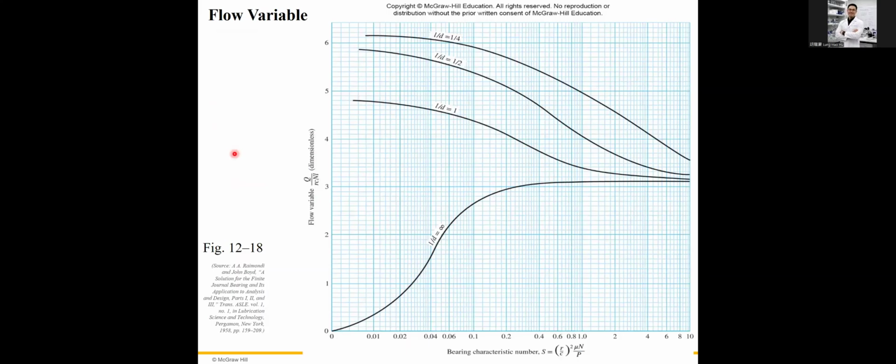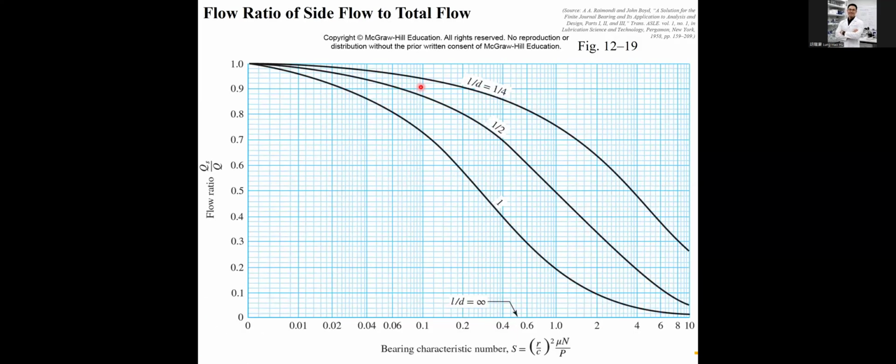This chart evaluates the Sommerfeld number with respect to the flow variable, with the geometry design of the journal and the bushing. Similarly, the Sommerfeld number with the flow ratio QS, where QS is the side leakage volumetric flow rate.